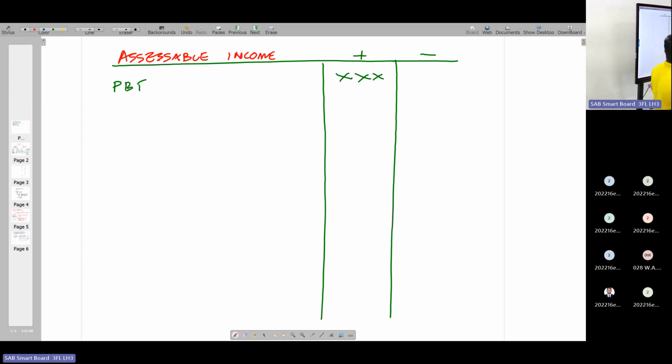Why? Here, our intention is to work out the assessable income from business. So investment income we have to take out here.